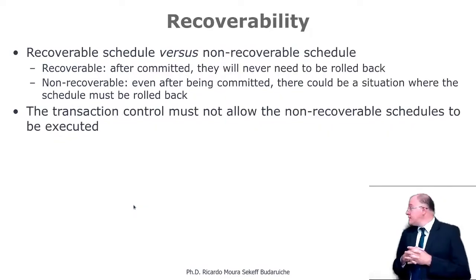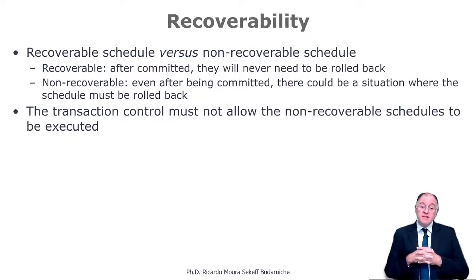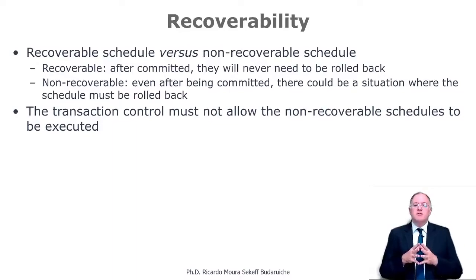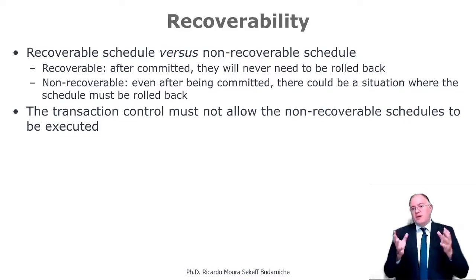Sometimes, even taking care of the transactions, the concurrency control can abort a schedule for many reasons. That's why a schedule must always be recoverable, or at least must guarantee the recoverability of the schedule.